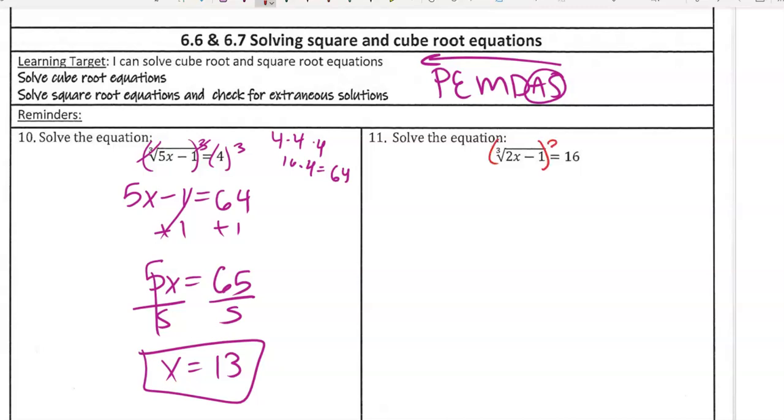Again, starting with the cube root. We got to get rid of that root before we can touch anything inside. 2x minus 1 is 16 cubed. That's ugly. 16 times 16 times 16 is going to give us, is that serious? 4,096? 4096. That's crazy. Is that a typo?